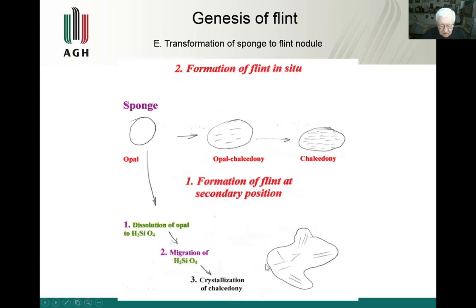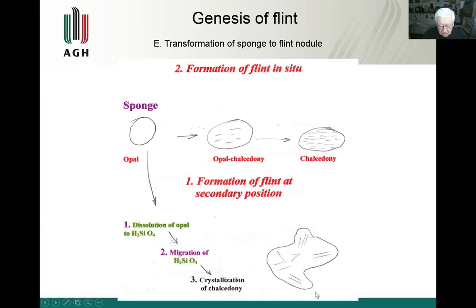And these flints are irregular in shape in comparison with these layered flints. These are very irregular. These are regular, like nodules, similar to bread, let's say, and these are very irregular.